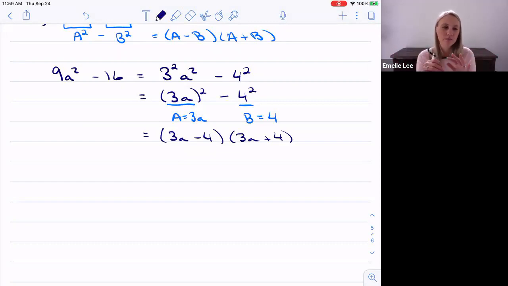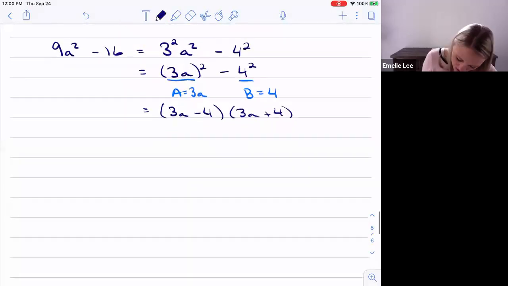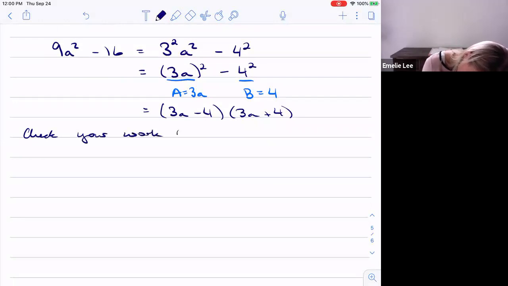It's just my favorite. Factoring, not so much, right? I don't feel as comfortable factoring. I think I'm not alone in not liking factoring as much as expanding. So I'm just going to check my work. Now check your work by expanding.